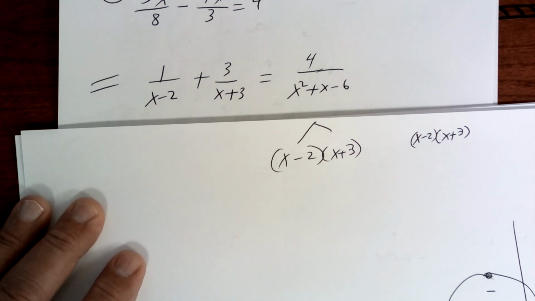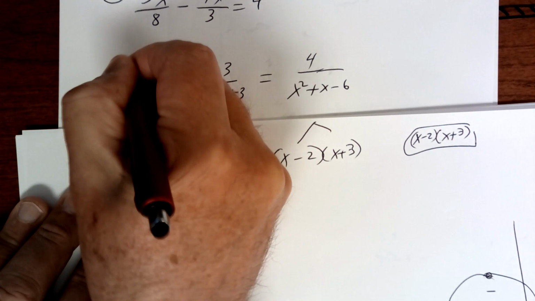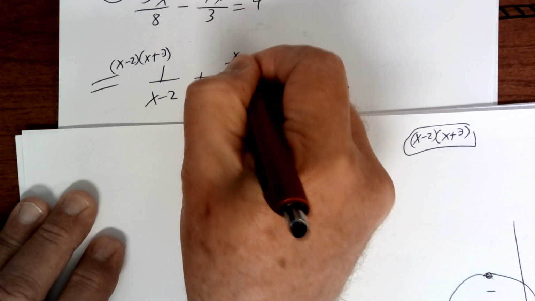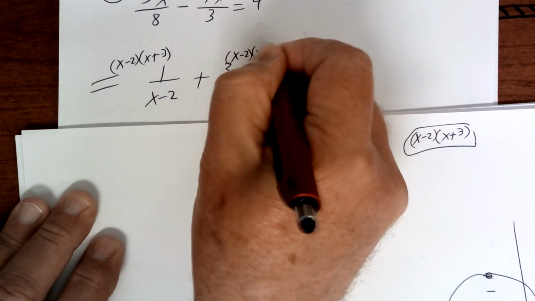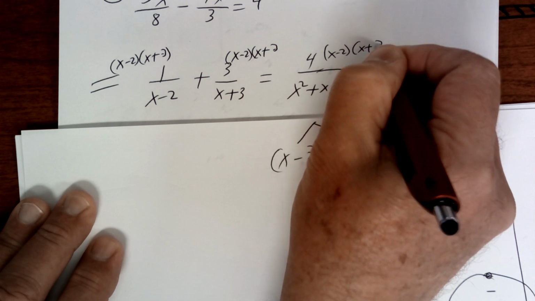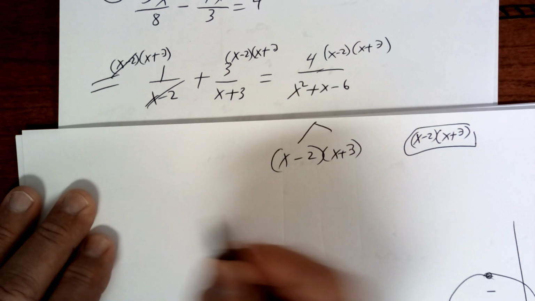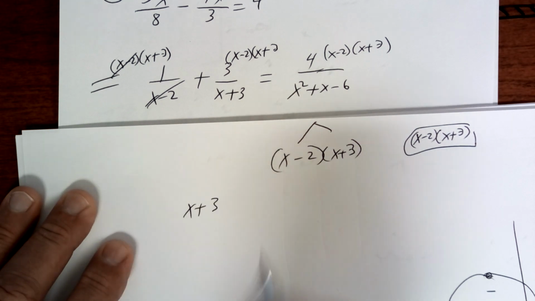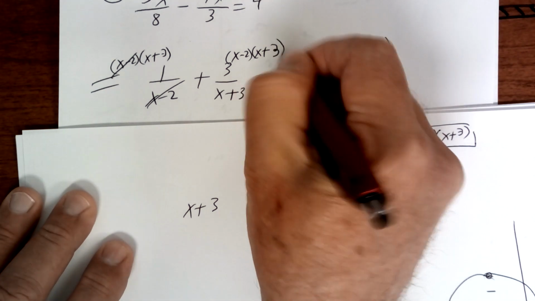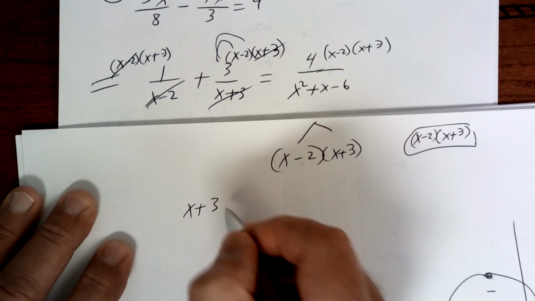So we're going to multiply each of these by this. When you do that, the x minus 2 cancels, and you're left with x plus 1. When you do this, the x plus 3 cancels. You have to distribute that 3, so it's going to be plus 3x minus 6.